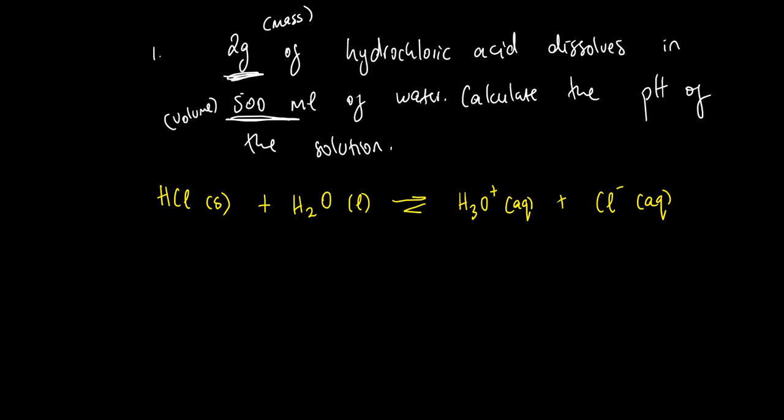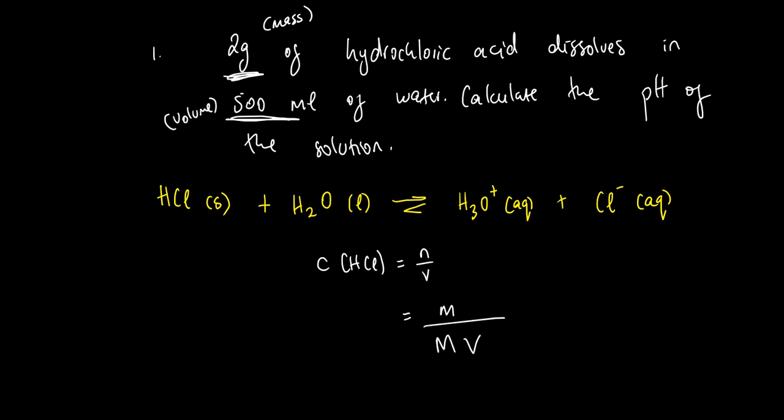So then you would say C is equal to n over V, right? But remember, this is the concentration of HCl. Since you are given mass, you might want to use the other formula, which is mass over molar mass, and then you divide that by the volume.